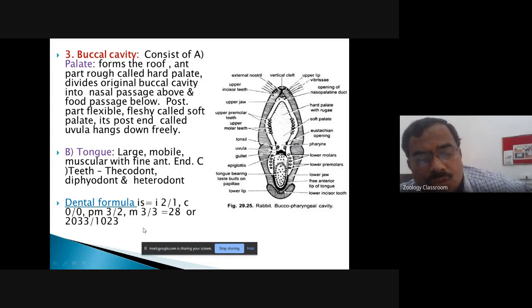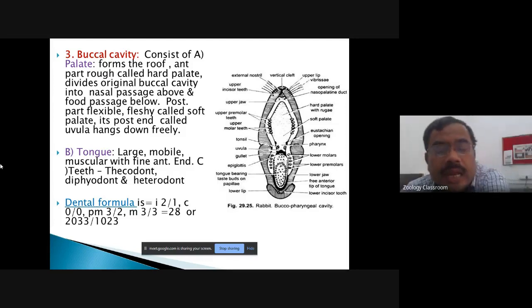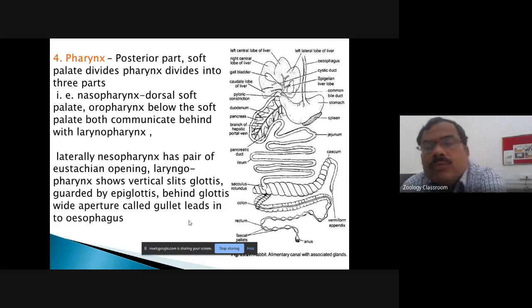So 16 plus 12, what is the total? 28. So it is written that the total number of teeth in the rabbit is 28. In case of the human being, what is the number? 32. Okay, now come to the next point, the pharyngeal cavity.